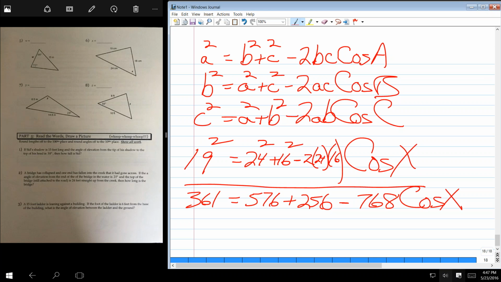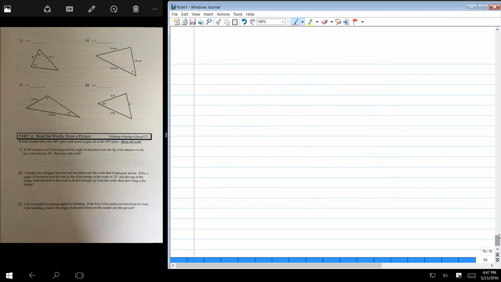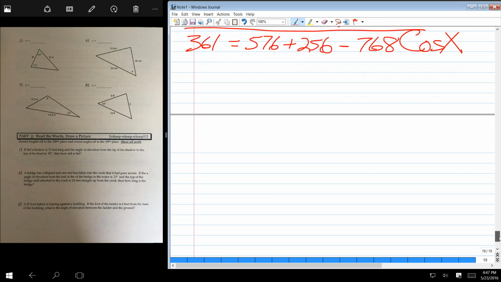Next step. You can add together the two in the middle, and that gives you 832. Now what? Then you can subtract 832 on both sides. What's that give you on the left?